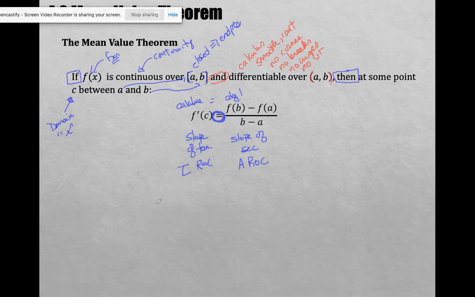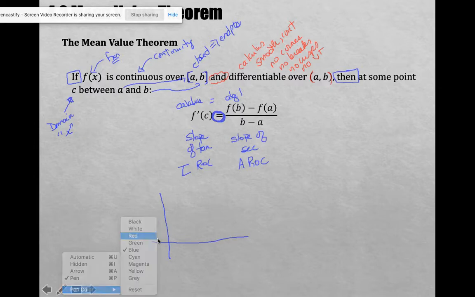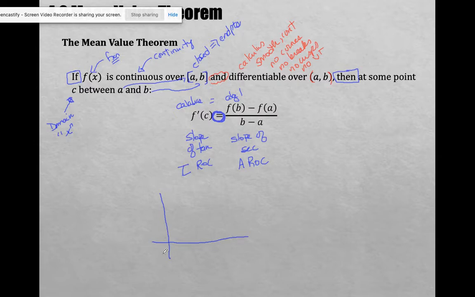So I'm going to draw something really simple. Here's an upside down parabola. Pretend it goes through the origin there, and it hits the x-axis there. So the x-intercepts, there's my A and there's my B. What's the slope of the secant connecting A and B?